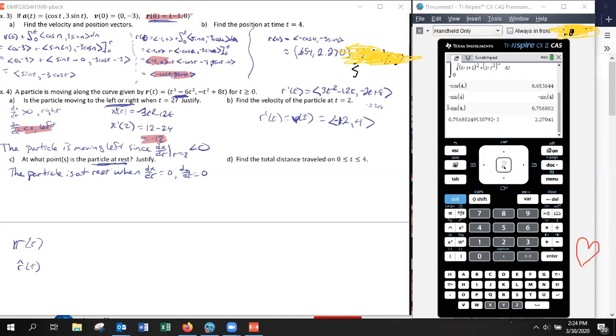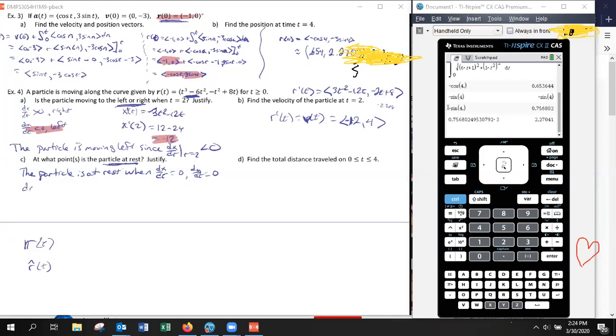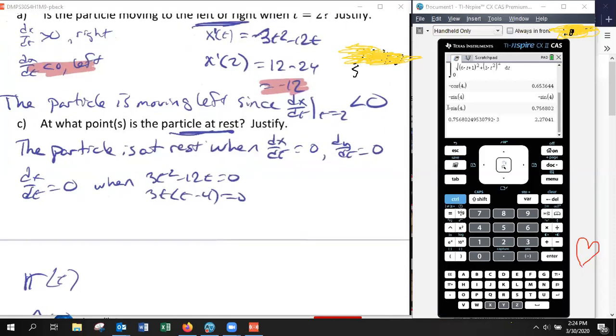So anyway, going back to this question, when does dx/dt equal 0 and dy/dt equal 0? dx/dt equals 0 when 3t squared minus 12t equals 0. I know a lot of us can factor this without writing it out. Let me zoom in so I'm not writing quite so messily.